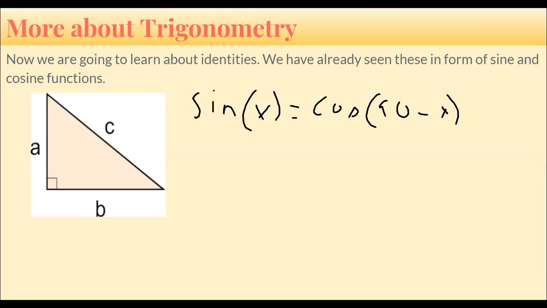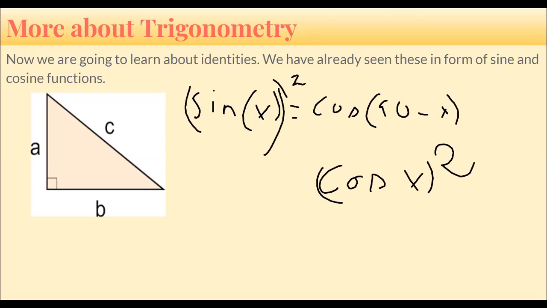Now, what if we take sine x and square that, and take not cosine of 90 minus x, but cosine x and square that?